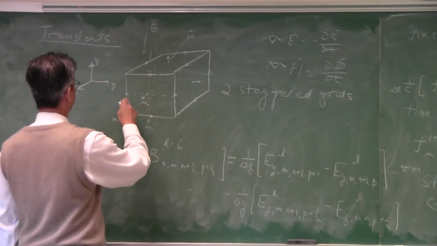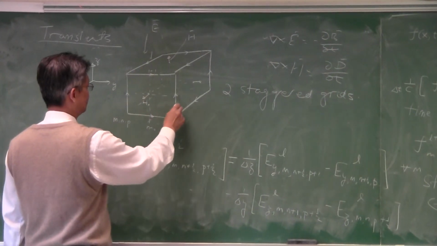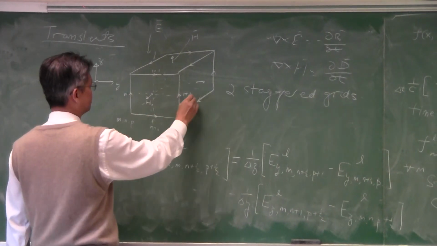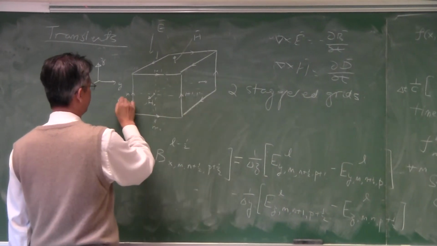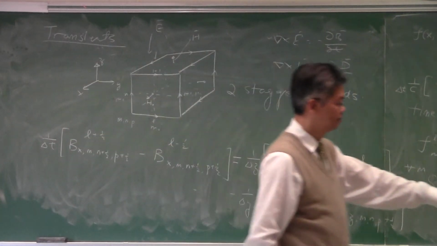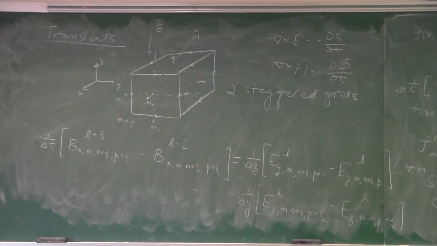This is n, right? N is y. This is n plus 1. This is n. This is p plus half. And then there's a second difference. You will take out the two fields.